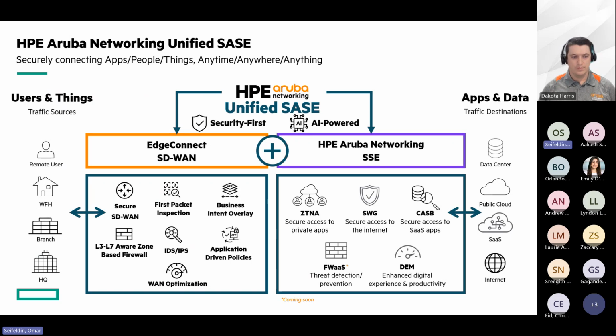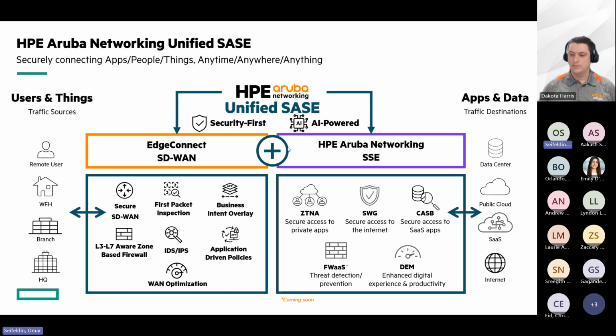So I'm doing SD-WAN, routing, WAN optimization, network and application visibility, secure internet breakout, next generation firewall. All these different features come out of the box from our SD-WAN solution.